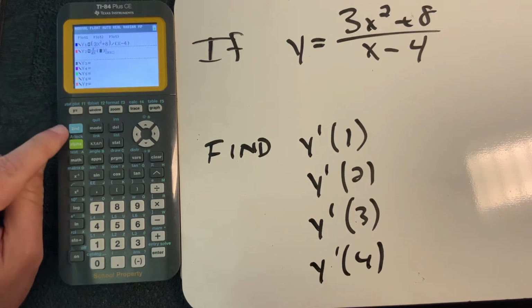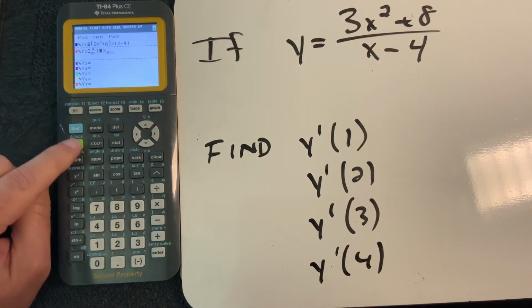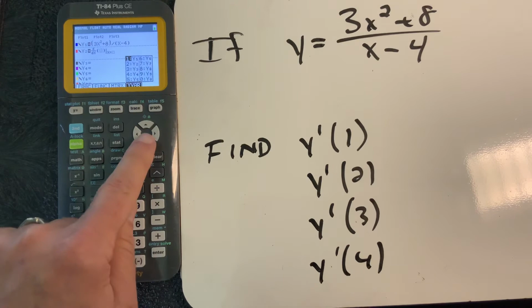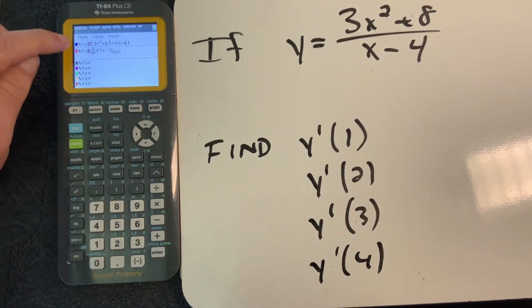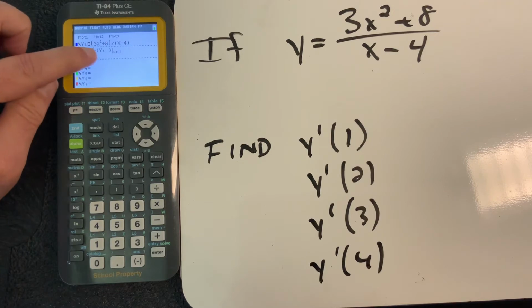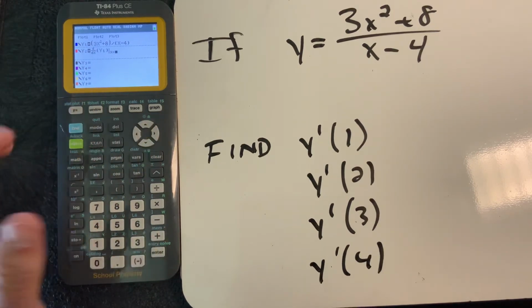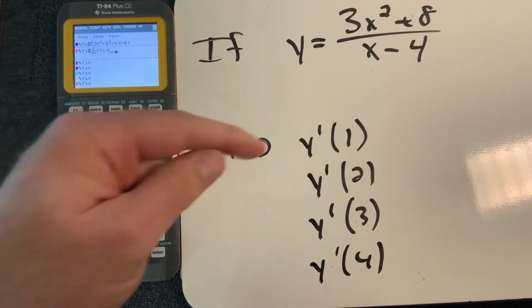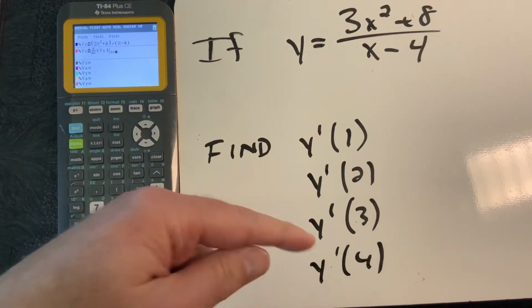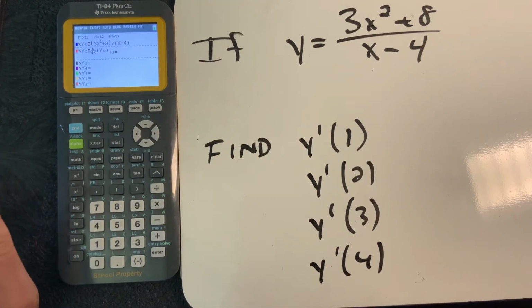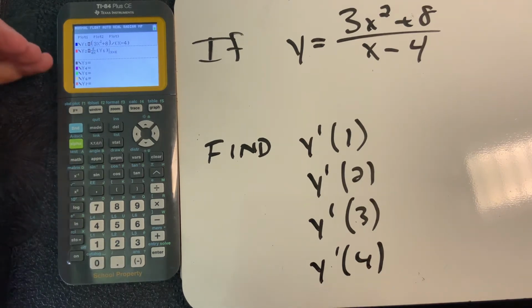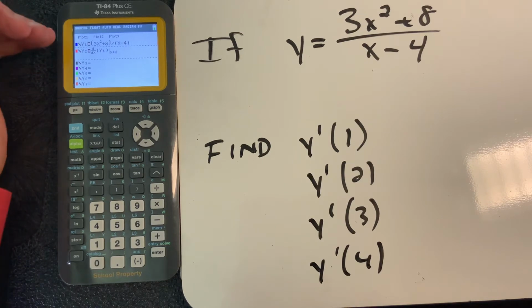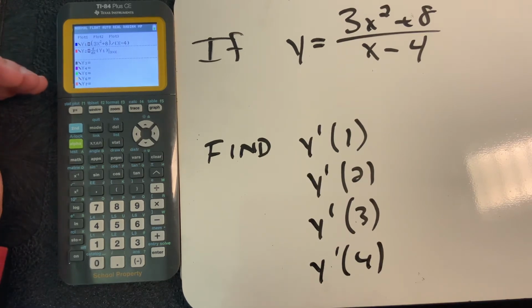Or if I hit alpha F4, and I choose y sub 1, whatever's in y sub 1, it's putting it in there for me. Evaluated at, I don't want to put in 1, 2, 3, and 4 separately. So I'm going to say find the derivative with respect to x. In other words, if I were to graph this, which I'm not going to do right now, it would graph the original function and the derivative.